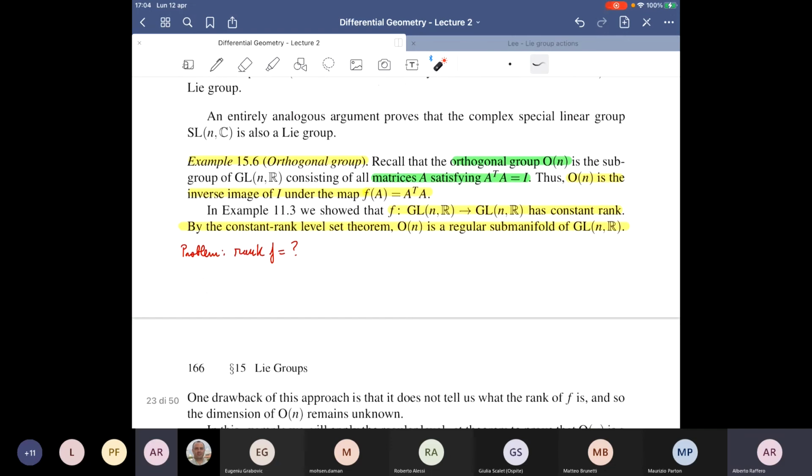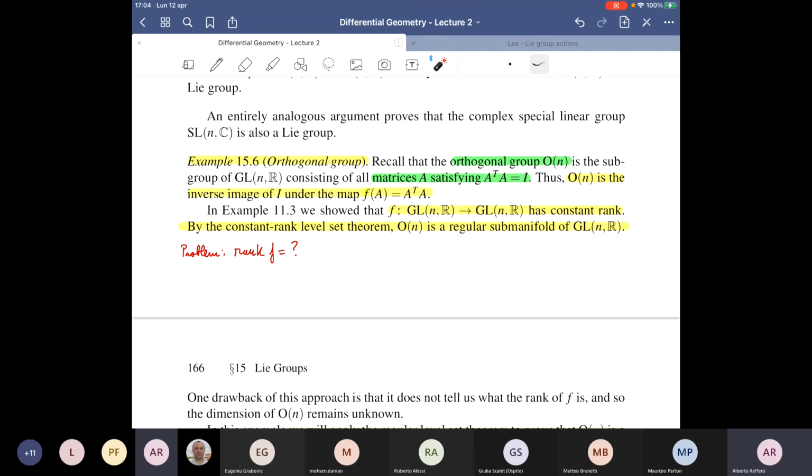Last time you showed, using a certain argument, that the map F defined in this way is a constant rank map. And then by the constant rank level set theorem, you conclude that the orthogonal group is a regular submanifold, an embedded submanifold, the image of an embedding, of GL(n, R).